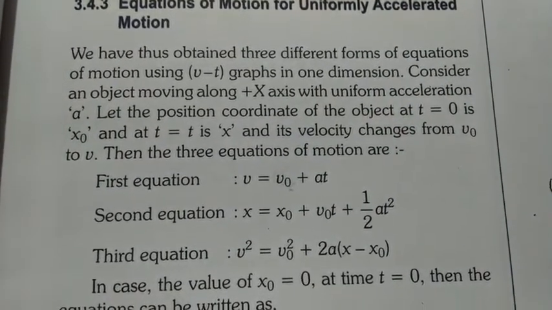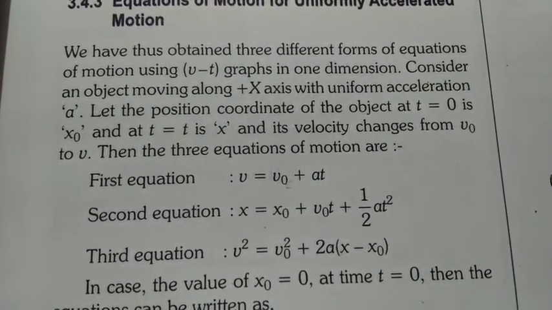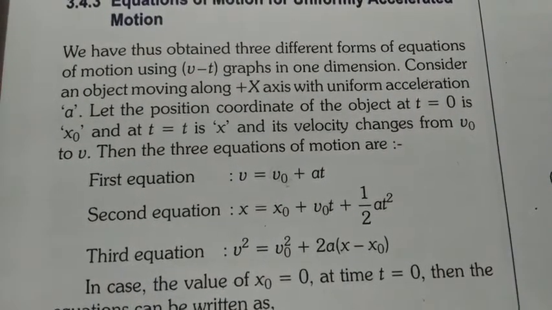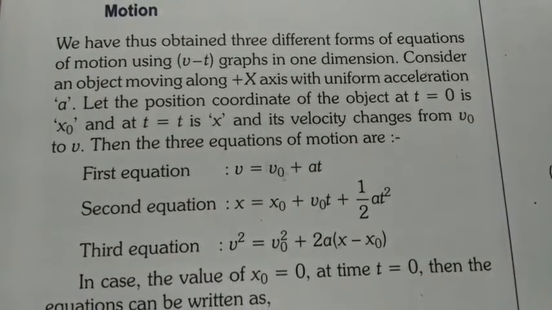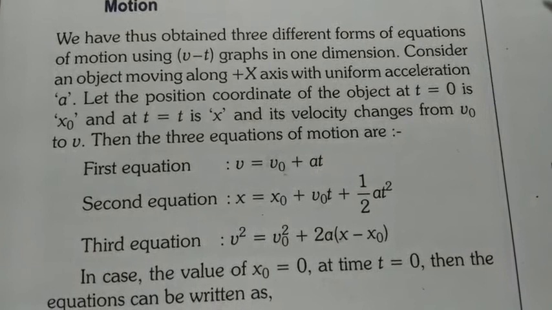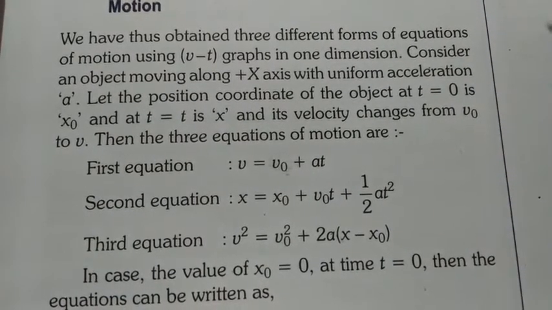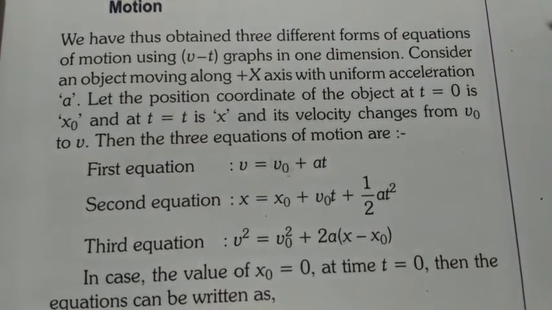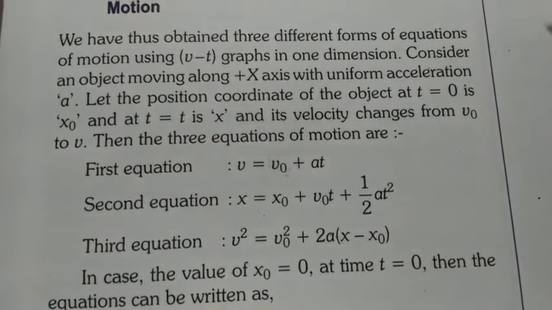So first of all, let us discuss the condition. Suppose an object is at rest, not started moving, or if it is moving, at the time when we start counting, we will take time t equals 0. So at time t equals 0, the initial velocity is v0, and by applying some force we are increasing the velocity of the object.